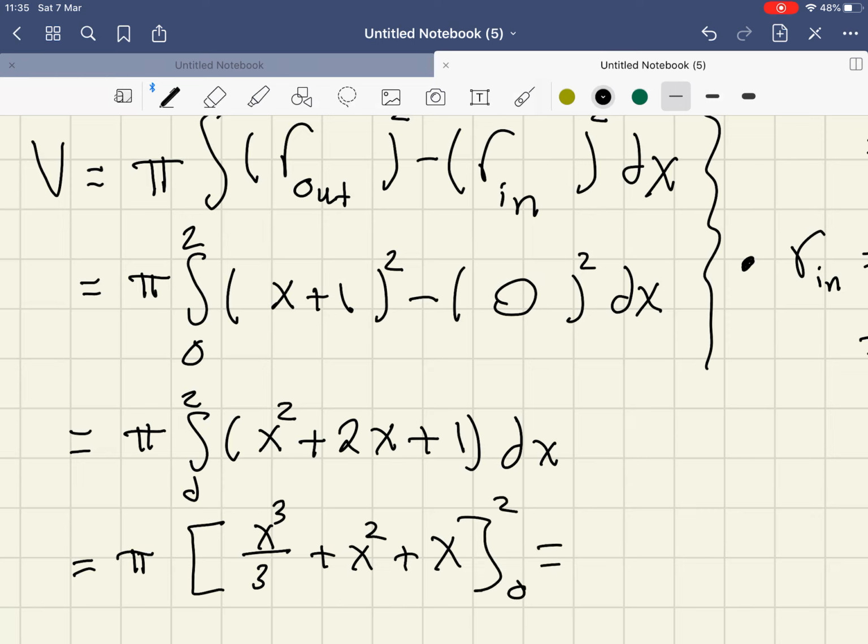The final answer will be 8 over 3 plus 6, which is 26 over 3 pi. Of course, it should be units cubed, but we don't have a unit here, so we just keep it as this.